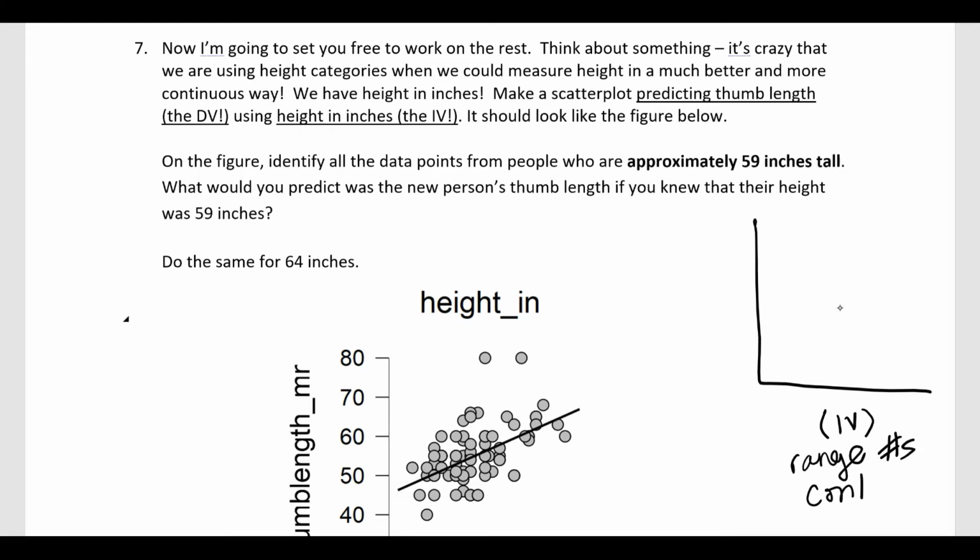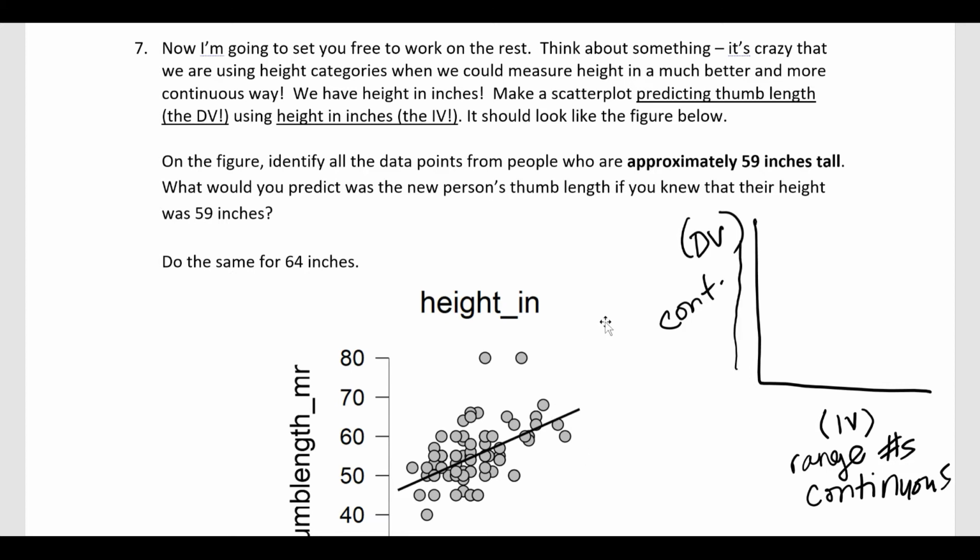We'll plot with a continuous variable. And then the DV, which we generally put on the y-axis, is also going to be a continuous variable where it has a range of values, right?